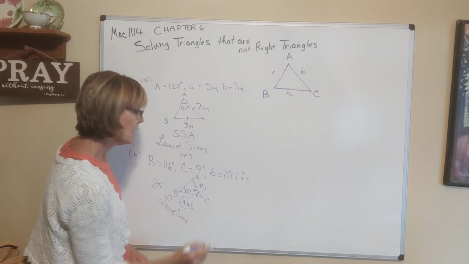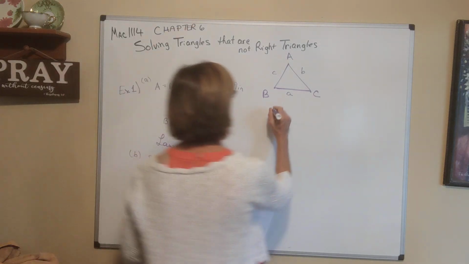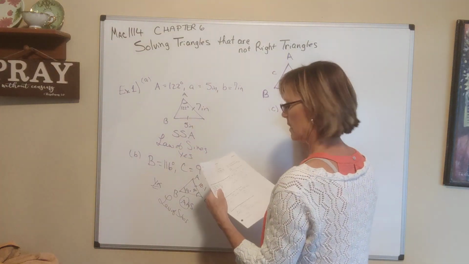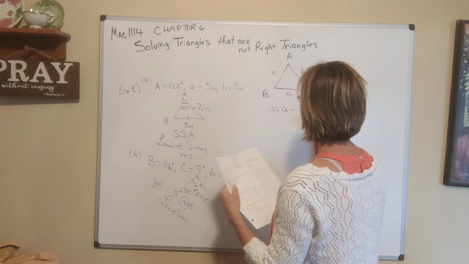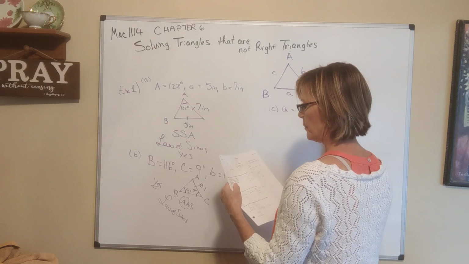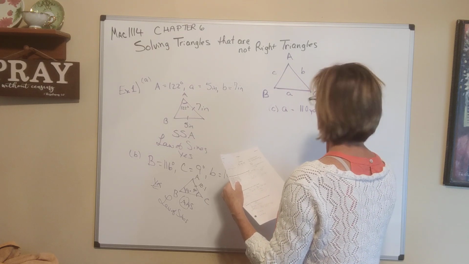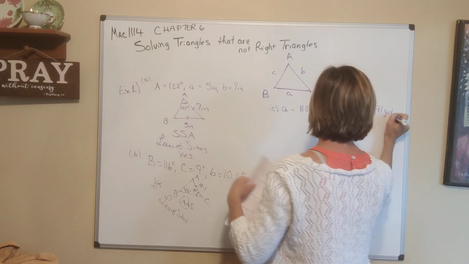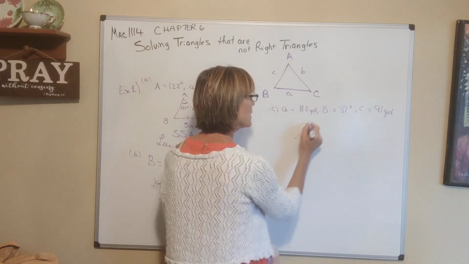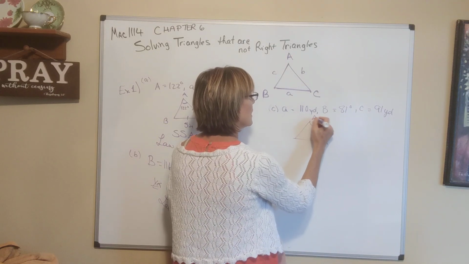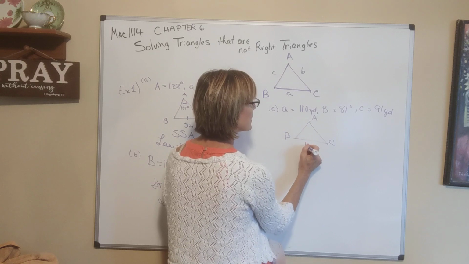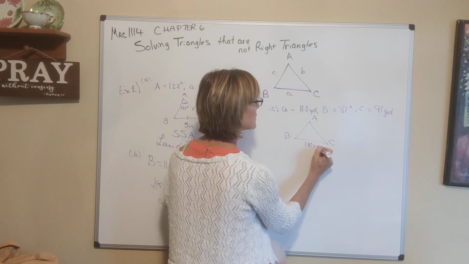All right, C. They said this: little a is 110 yards, B is 81 degrees, and c is 91 yards. Okay, so let's draw this guy. A, B, C. Little a is down here, 110 yards.